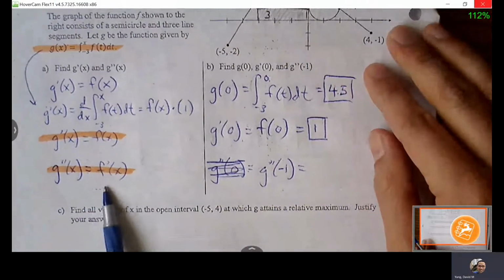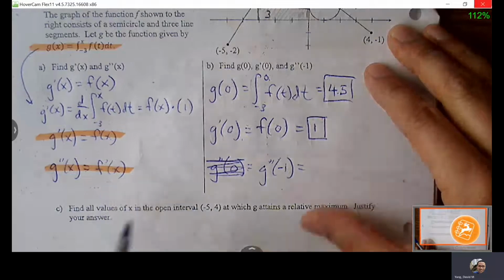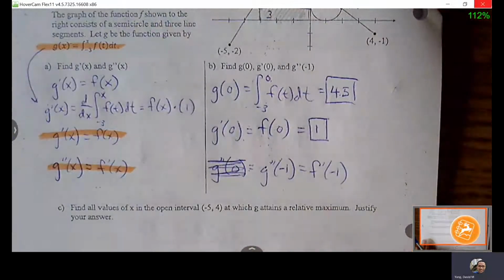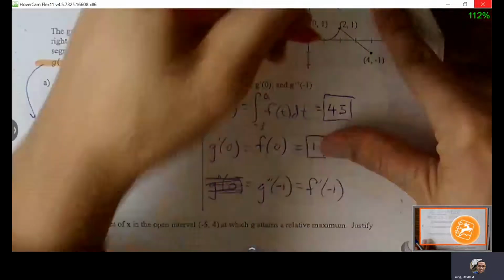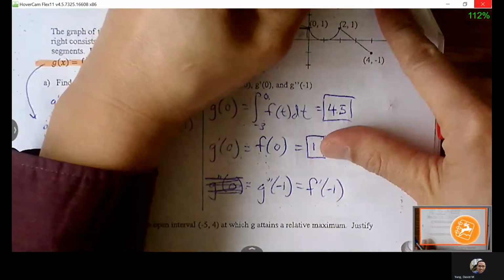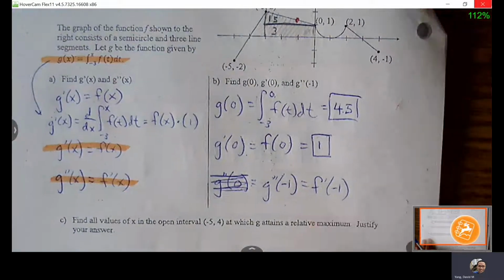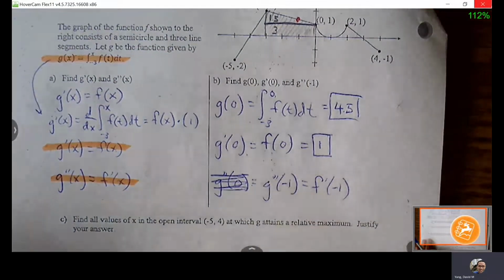The relationship is telling us that it's f prime of -1. I'm going to highlight f of -1, which is here. But how do we interpret this? How do we find f prime of -1?